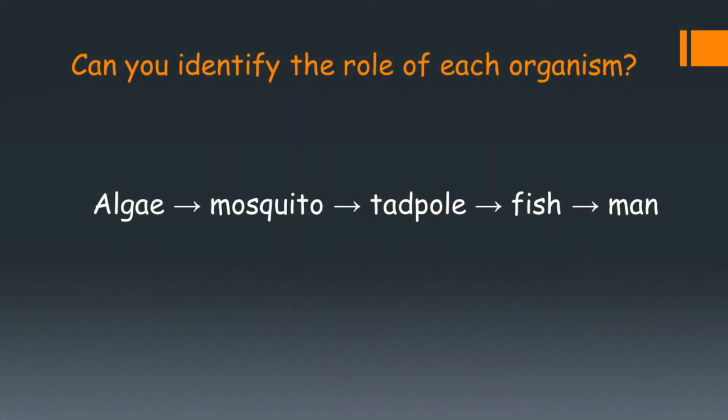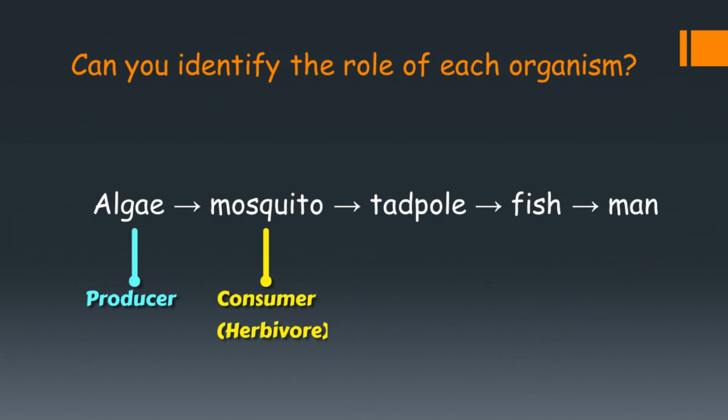So, looking at that food chain, can you identify the role of each organism? What's the role of the algae? What's the role of the mosquito? Based on what we spoke about earlier. So, the algae, we said, is the producer. The mosquito in this food chain would be a herbivore.